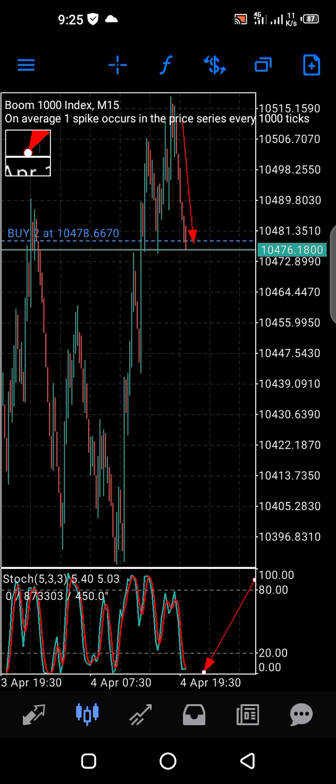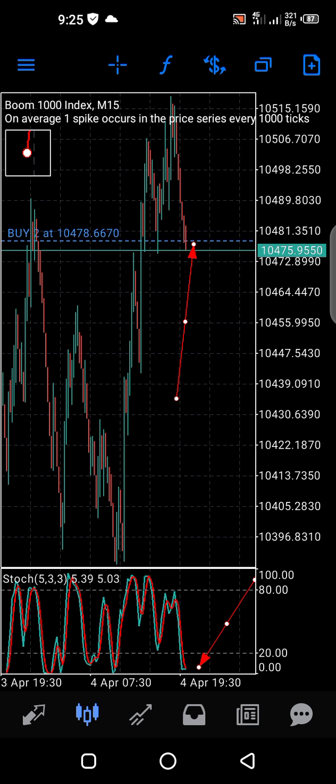So now what we are doing is waiting on the stochastics on M15 time frame to cross each other. Then when it begins going up, there will be a spike above this line here.